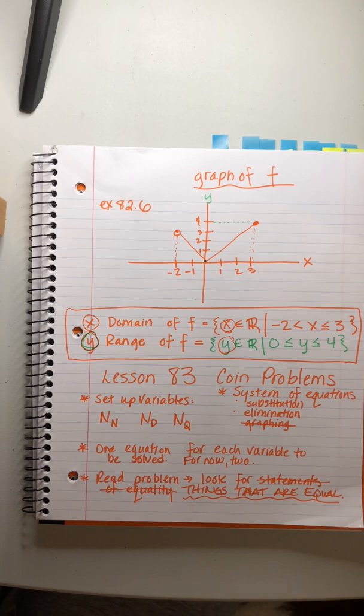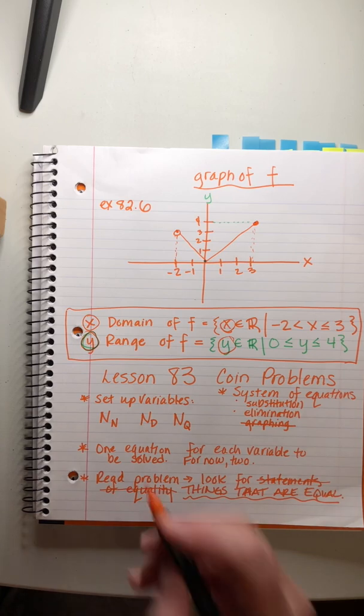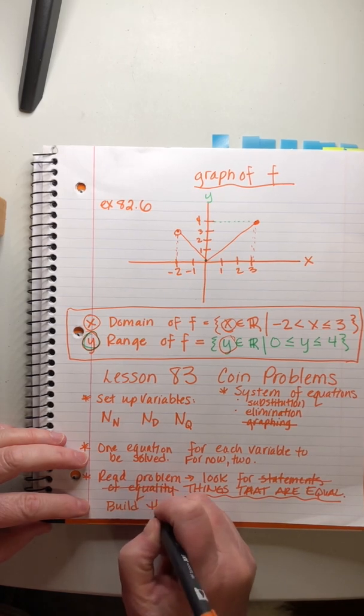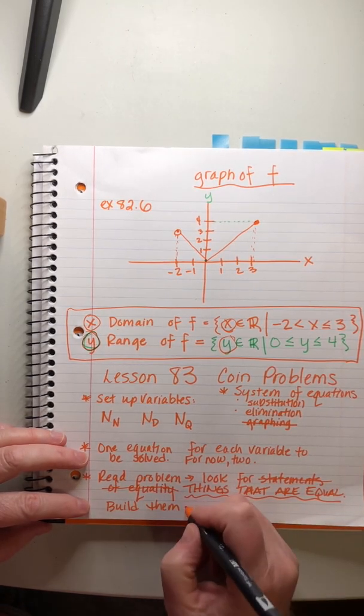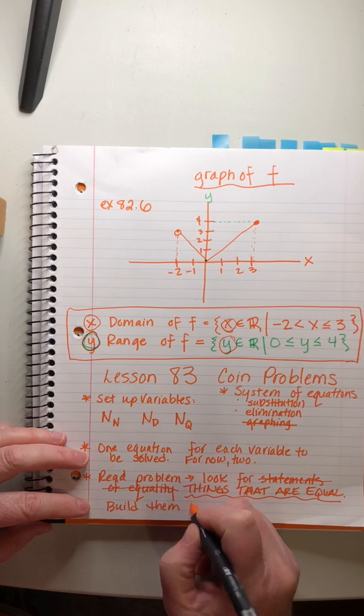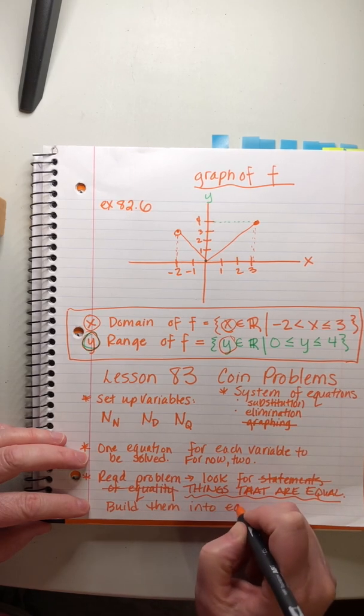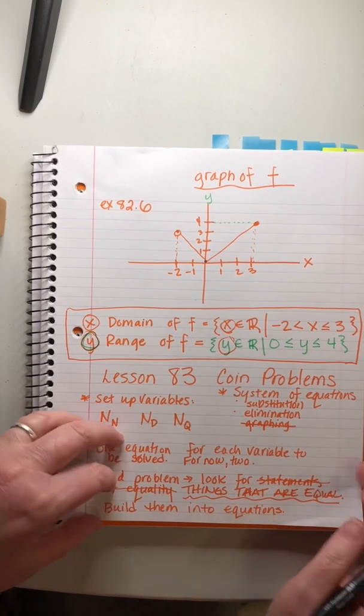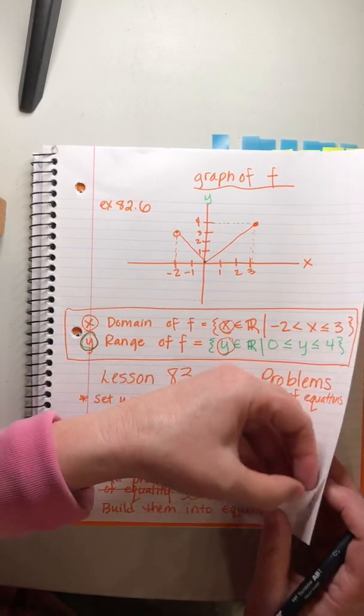We look for those statements, and that's how we build the equations. We take those statements of things that are equal, and we build them into equations. This is the part that everybody chokes on, and that's fine. You'll get the hang of it, and it helps to know the strategy of what we're doing ahead of time. Let's dive in. I love these problems.